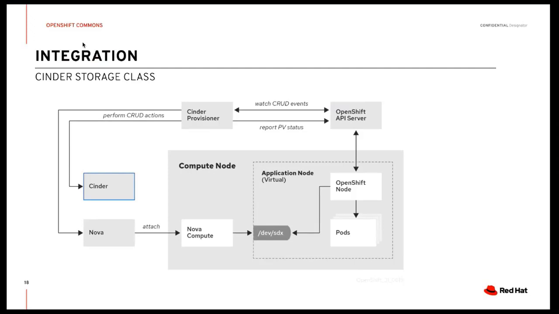Then it will make calls to Nova, which is the OpenStack API for managing the servers, and instruct Nova to attach the Cinder volume to the Nova compute node that has the pod on it. So it does all of that translation and fulfills the persistent volume claim. And then that Cinder volume appears on the host as just a regular SCSI block device.